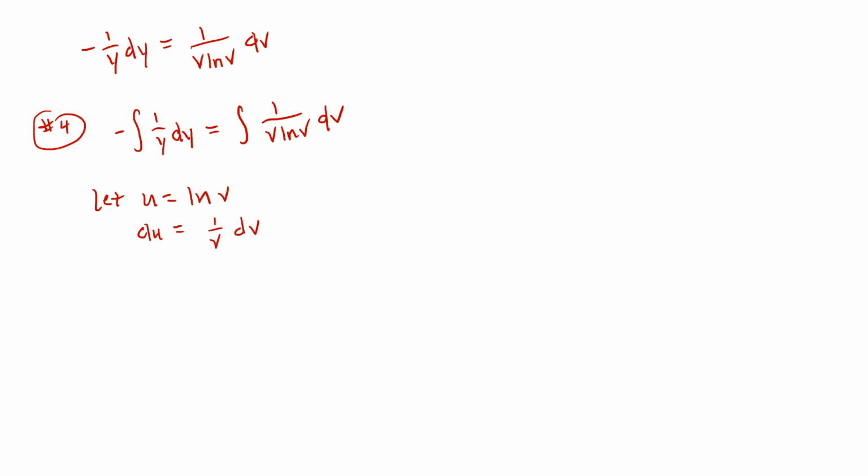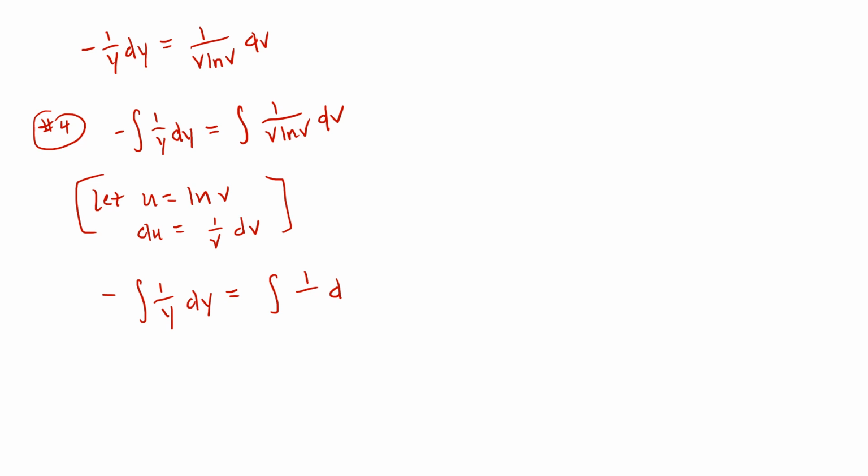Okay, so then we have the integral of 1 over y dy equals the integral of 1 over v dv. Actually, that v should be u.